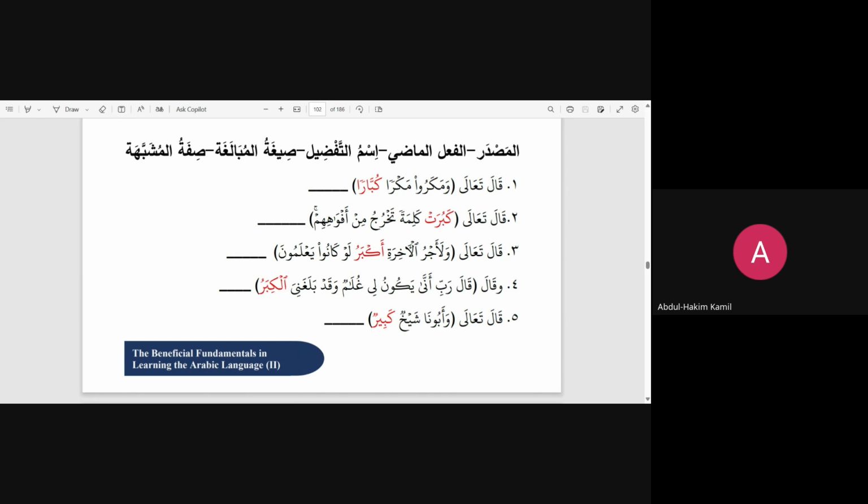What is that lam? Wala ajru, that's just tawkeed, lam tawkeed. And indeed, the reward of the hereafter is greater. Wala ajrul akhirati is mudaf ilayh, ajrul akhirah, reward of the hereafter.